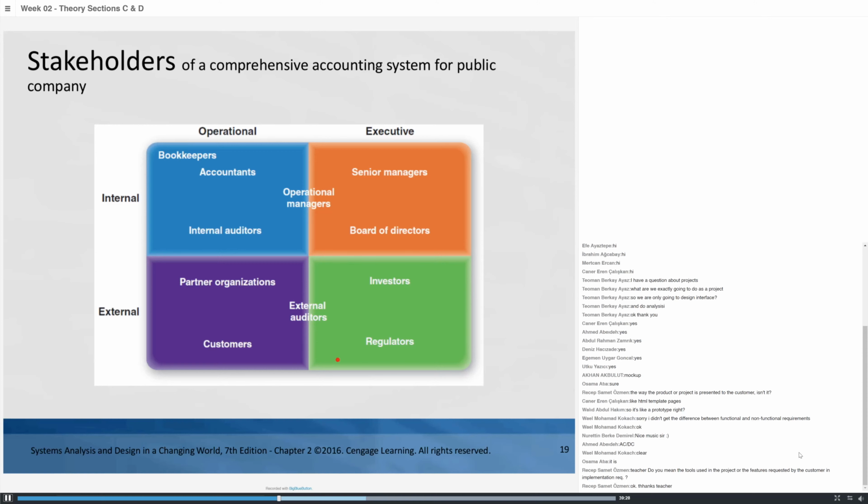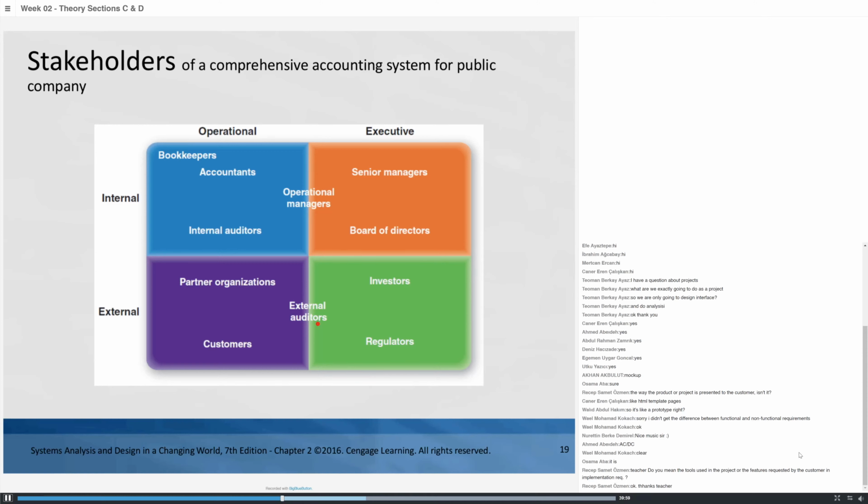Yeah, this figure pretty much explains the differences: internal, external, operational, and executive. Some jobs fit more than one category. For example, an operational manager is also operational, but also executive, but it's an internal position. Then there are external auditors.